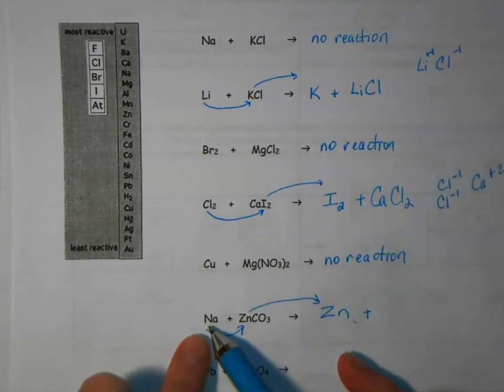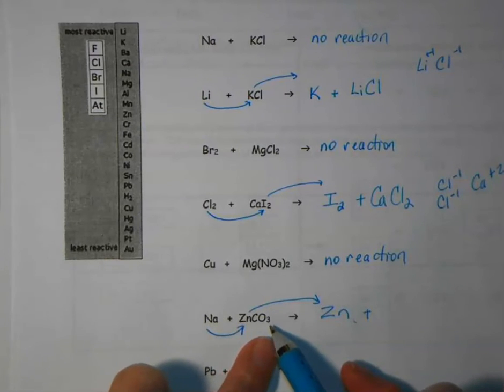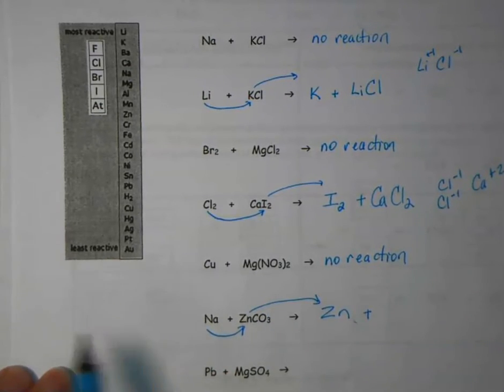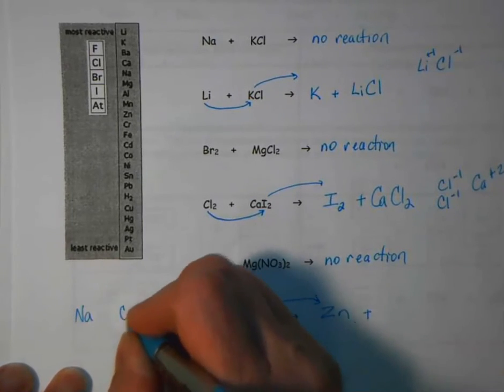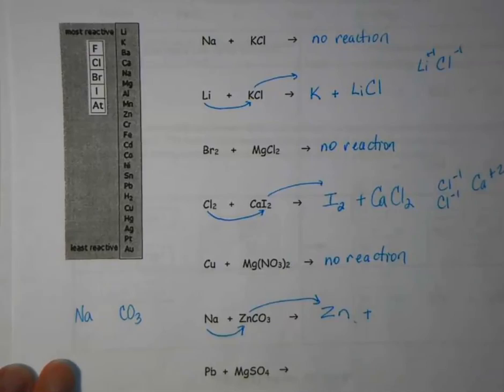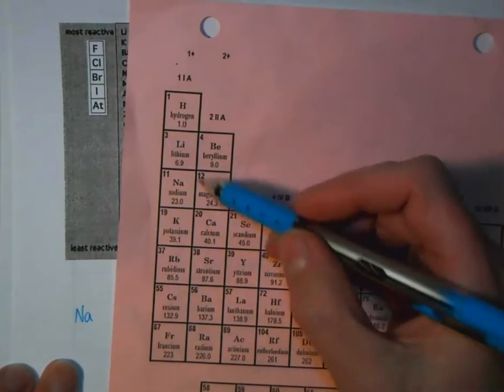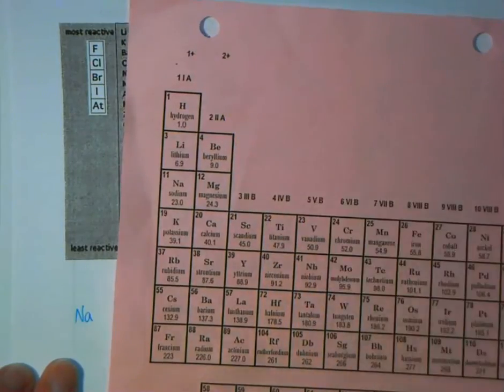And now we need to put the sodium with the carbonate. So I'm going to use this little workspace over here to find the charge for sodium and the charge for carbonate. Sodium has a charge of +1.